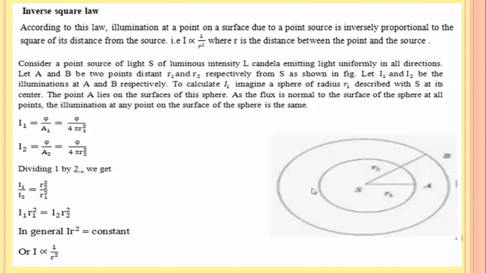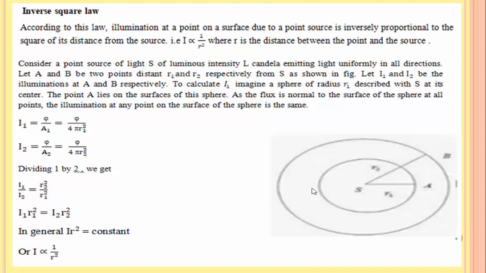To calculate I1, imagine a sphere of radius R1 described with S at its center. The point A lies on the surface of this sphere. As the flux is normal to the surface of the sphere at all points, the illumination at any point on the surface of a sphere is the same.